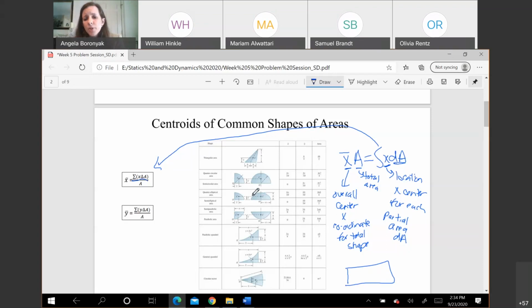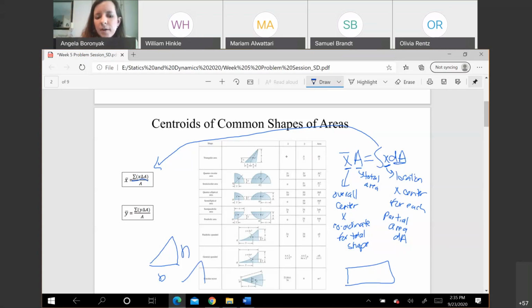But for more complex shapes, I'm told the x and y bar here and their areas for shapes if I need to remember them. If I have a triangle with a base and a height, I'm told the y bar based on that height is that height divided by 3. I'm not told an x here because for a triangle, you could arbitrarily define what is the base and the height.